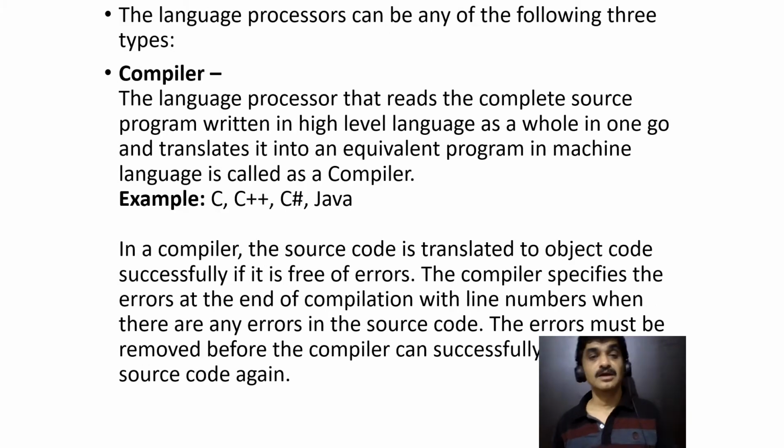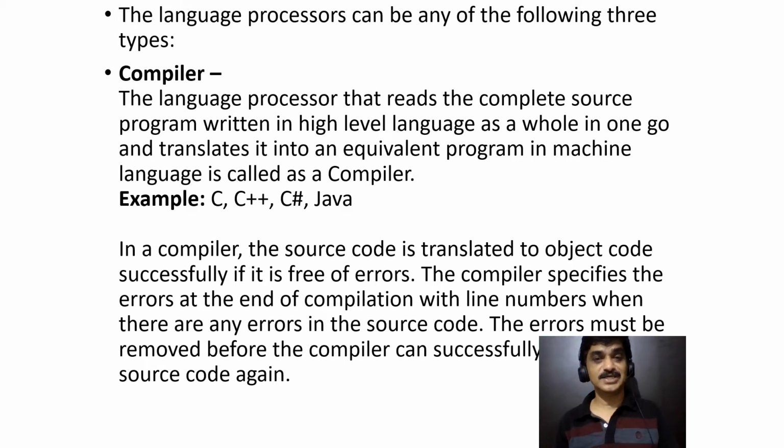The language processors can be of the following types. One is the compiler. So what does a compiler do? The language processor that reads the complete source program written in a high level language as a whole in one go and translates it into an equivalent program in machine language is called a compiler.